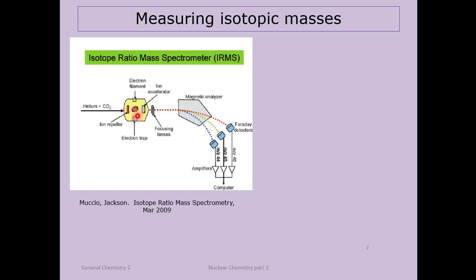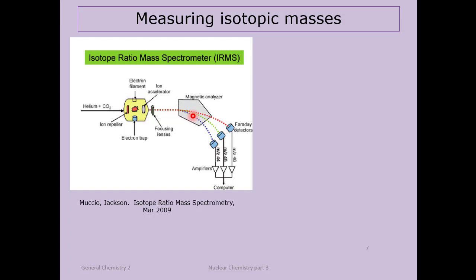Under extremely high voltage, you charge up the particles and accelerate them into a magnetic field that starts to curve them based on their charge being affected by the mass. The higher mass has more momentum, so it doesn't curve as much, and the lower mass gets curved more.